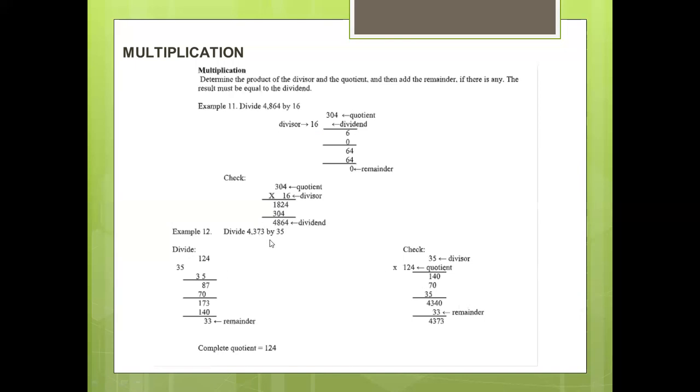So how will we be able to get 4,373 as our dividend? Basically, we just need to add our remainder to our partial product. So we have here 4,340 plus 33 is equal to 4,373. So now we have our dividend.